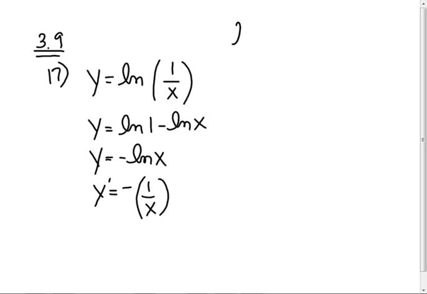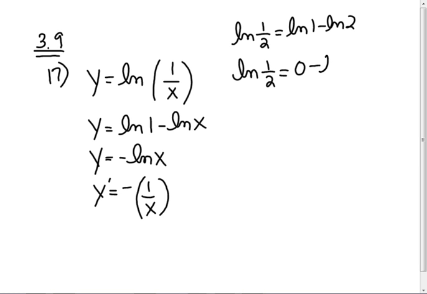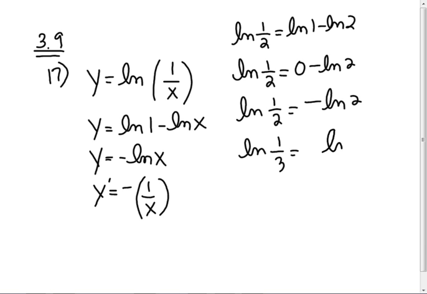So if I have the log of 1/2, that's equal to the log of 1 minus the log of 2. I don't know if you ever realized this. The log of 1/2 is equal to 0 minus the log of 2. So the log of 1/2 is the same as the log of 2, but it's negative. Well, the log of 1/3 is the same as the log of 3, but it's negative.